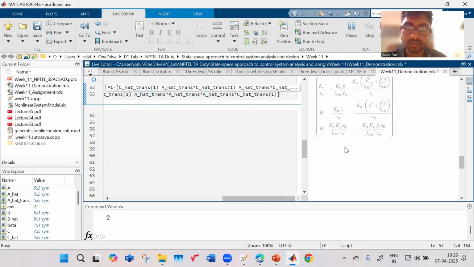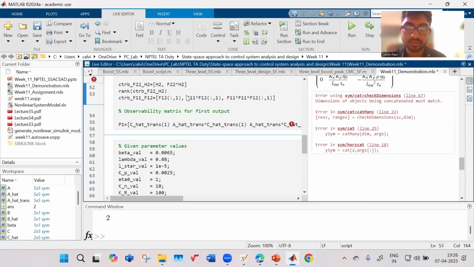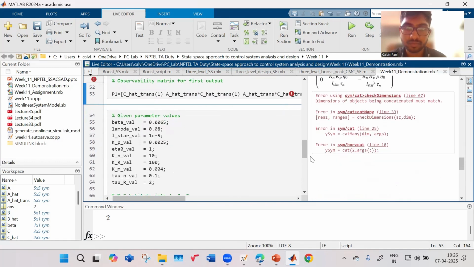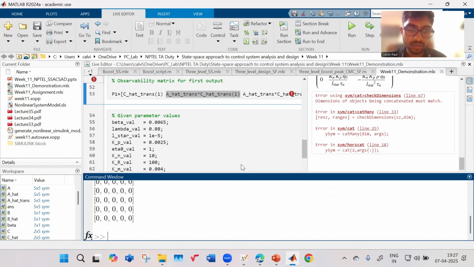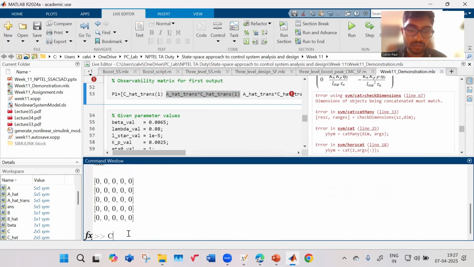Let us run this section. We will take C hat transpose into C hat transpose 1.